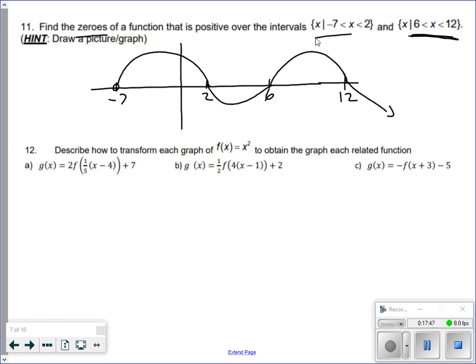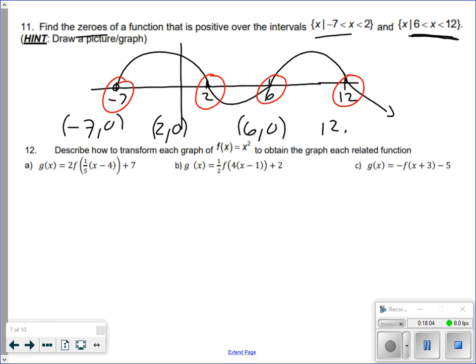We can look at the graph and see that -7, 2, 6, and 12 are all our zeros of the function. So (-7, 0), (2, 0), (6, 0), and (12, 0) are all our x-intercepts of number 11.